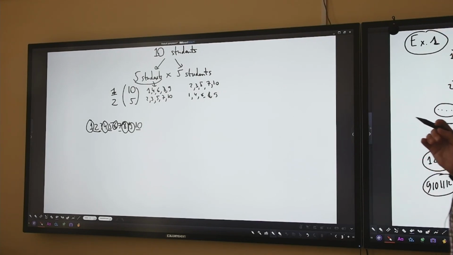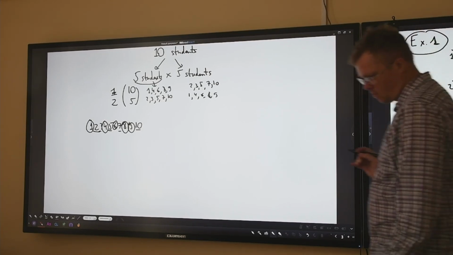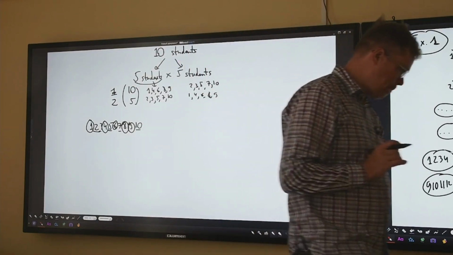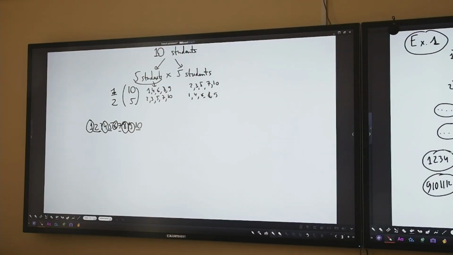When we have repetition in letters, we have to divide by the numbers of repetitions. For example, the class groups are the same. We have 4 same groups, so we have to divide by the factorial. And in the word question, where we make words with the letters of mathematics, we have to divide by the letters which were the same.